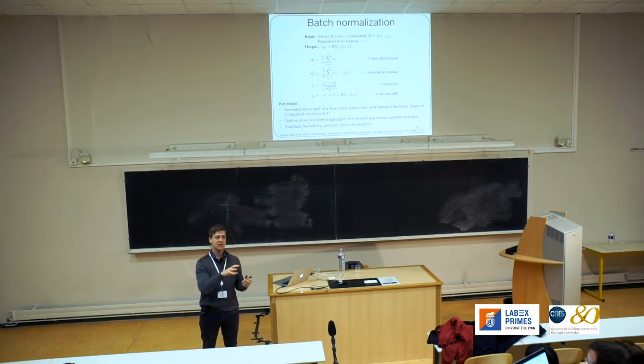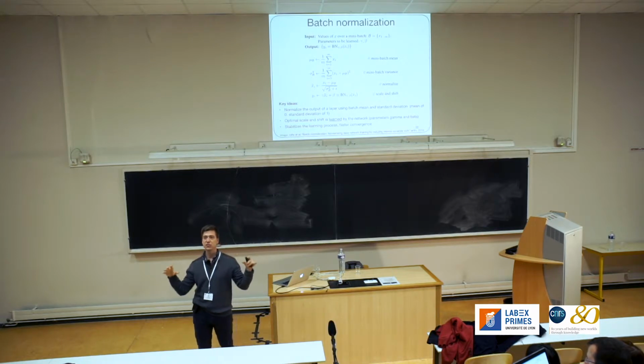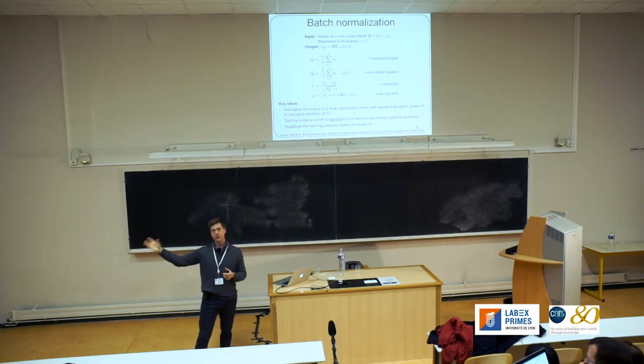Imagine that in the previous layer there are changes going on in the parameters, so the signal might vary, right? It's normal because it's an ongoing optimization. Well, we don't want these changes to impact the following layers too much. So this is why we apply this normalization. It makes it more stable.